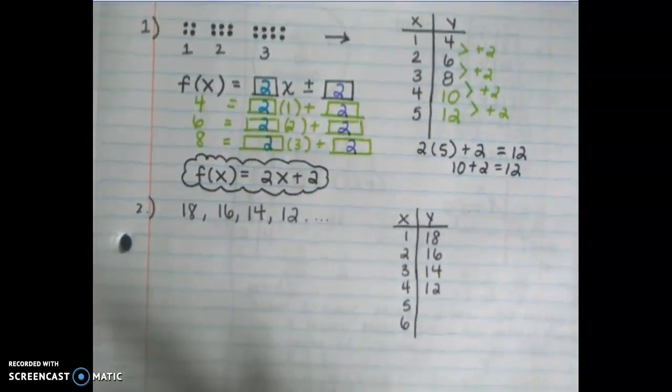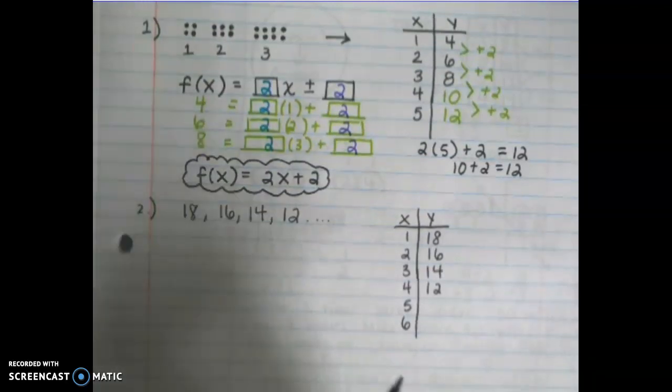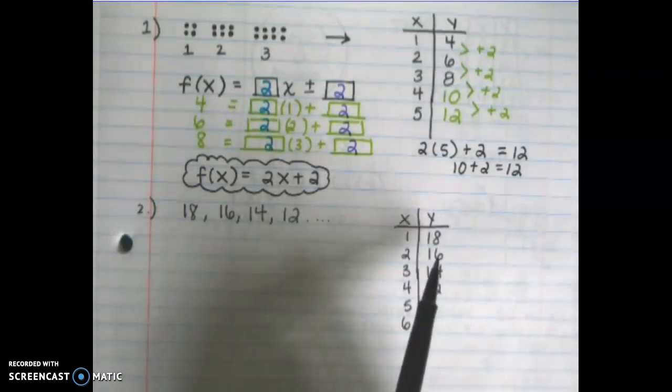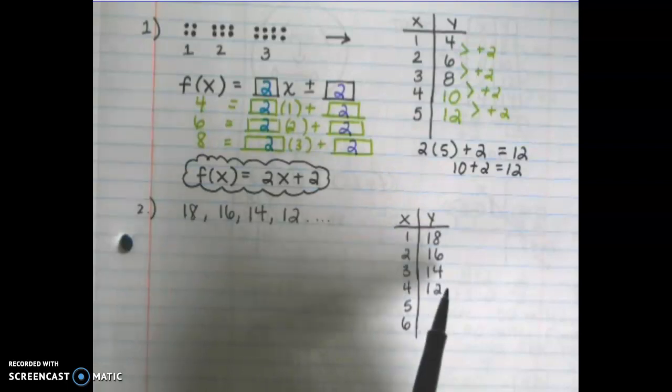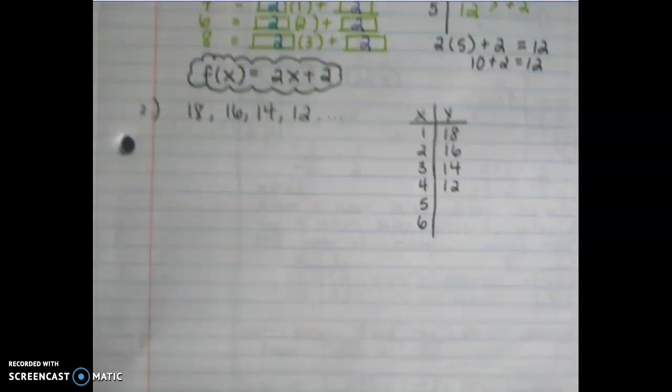Alright, the next one we have a pattern of 18, 16, 14, and 12. And what I did is I turned that into a table. My first number is 18, my second number is 16, my third number is 14, my fourth number is 12. So let's see if we can find a pattern and at least figure out what the next 2 terms are going to be.